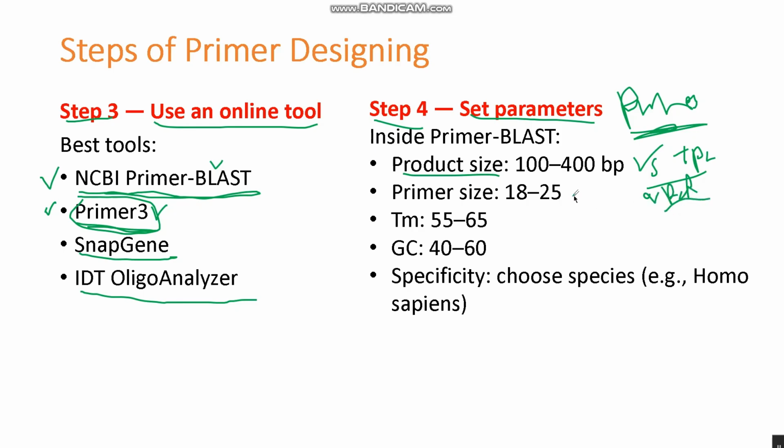The primer size must be 18 to 25. You can select these in the software, we will talk about it in the next slides. The Tm must be 55 to 65, and the GC content must be 40 to 60. For specificity, choose the species, Homo sapiens or another species according to your research.